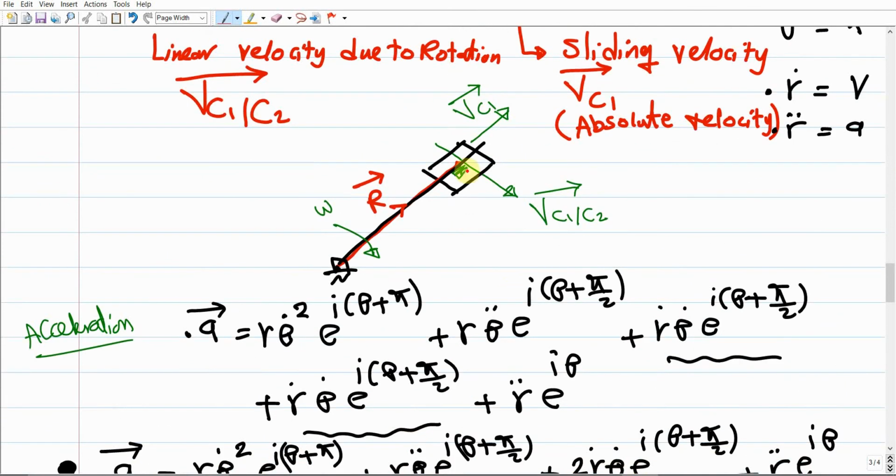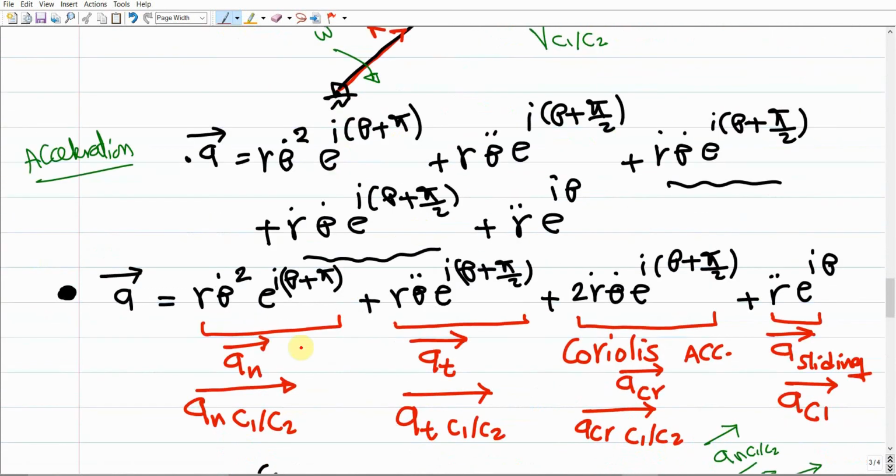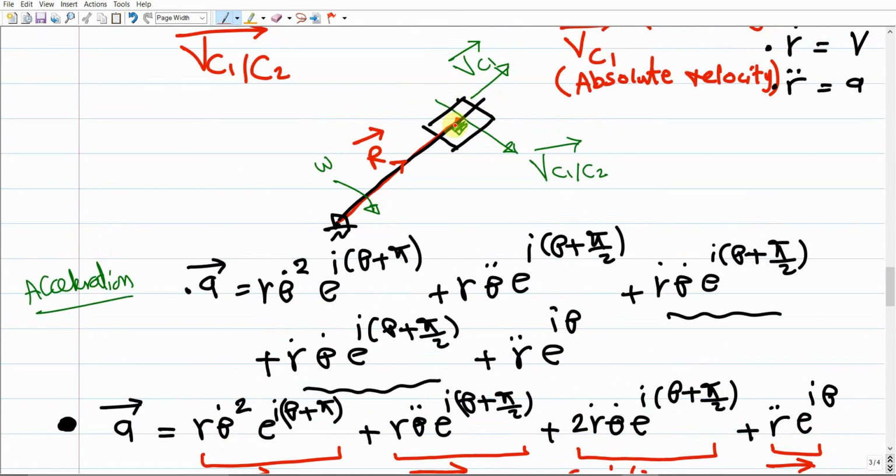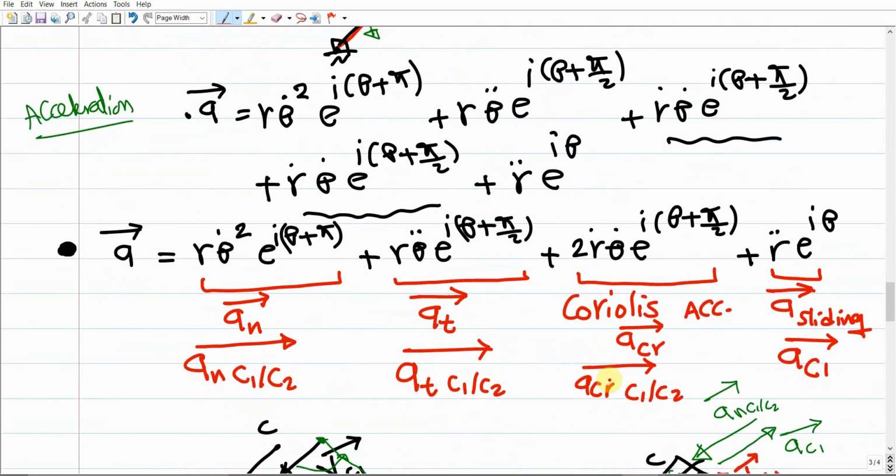The sliding acceleration describes how the sliding velocity of the slider changes over time. The normal and tangential accelerations describe the acceleration of the point that belongs to the link, which is point C2.